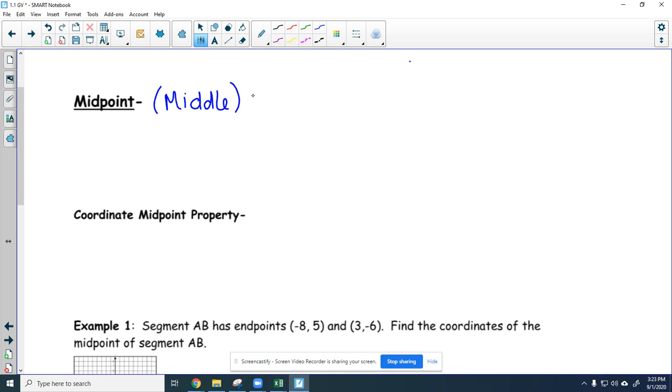Now, the official definition here, it is the point on a segment that is the same distance from both endpoints.